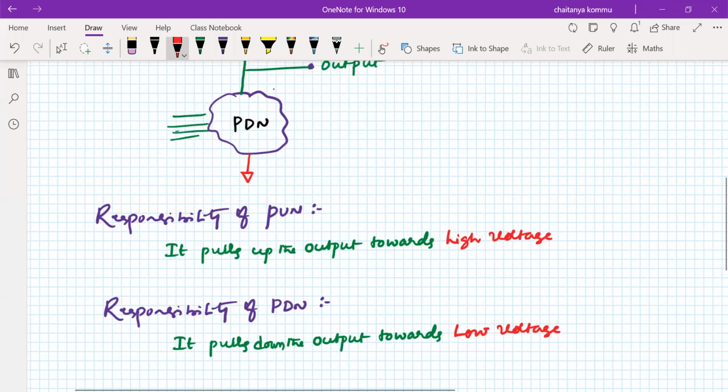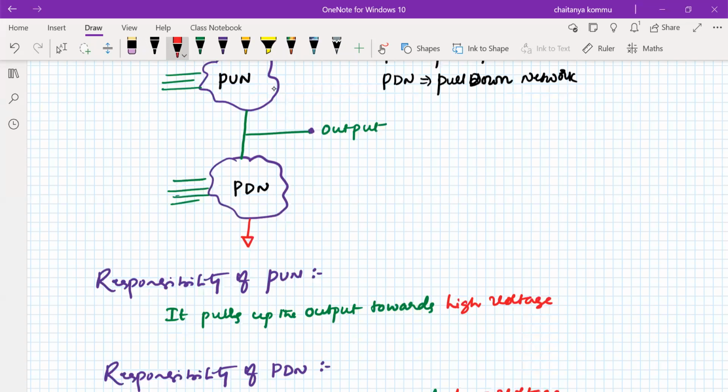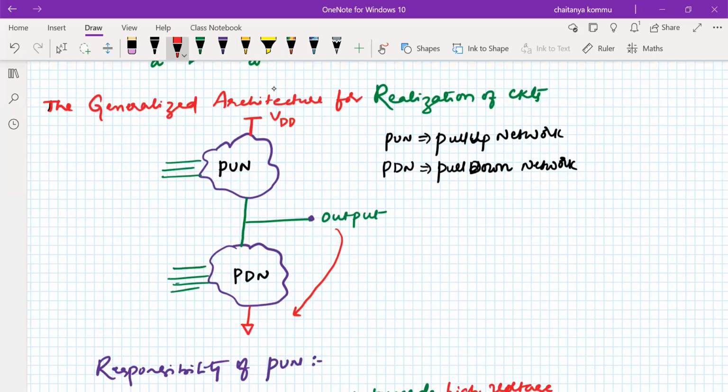That's very important. That means it's towards the ground side. So this output will move towards this side by the pull-down network, and this output will move towards the VDD side by using the pull-up network. That is what the responsibilities of these networks.